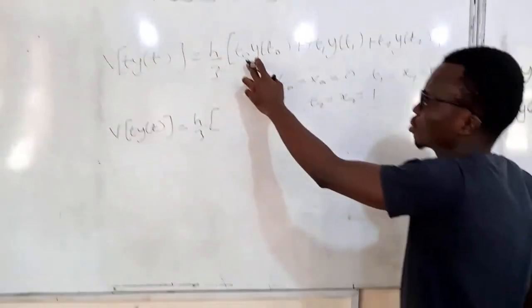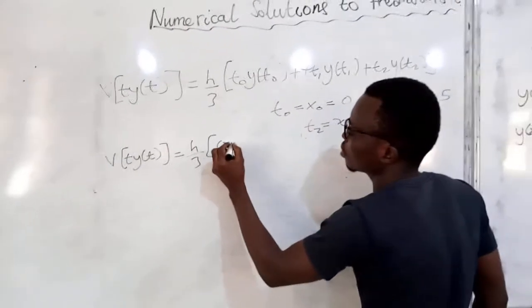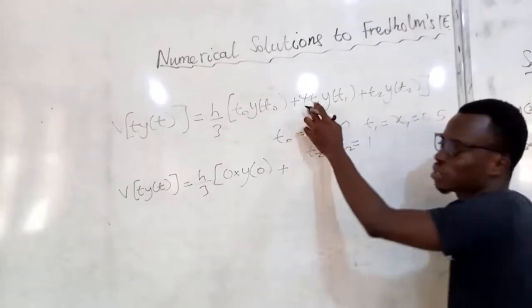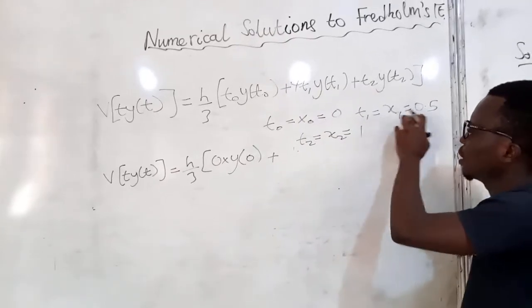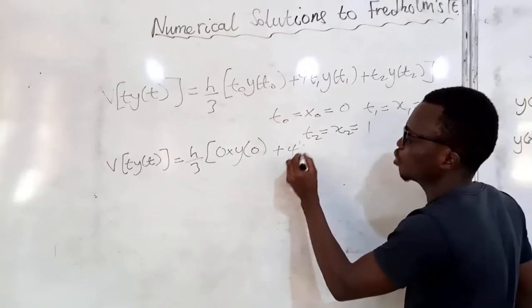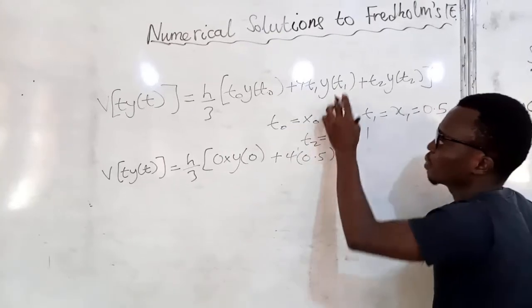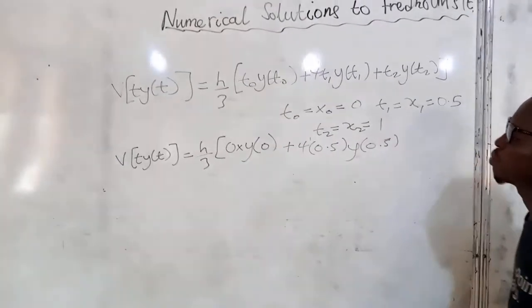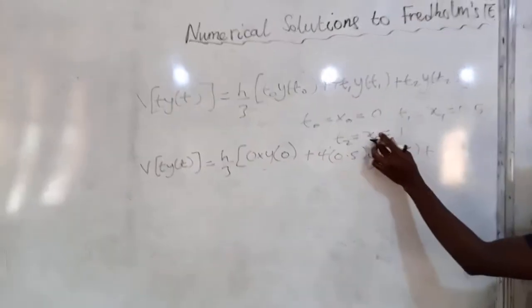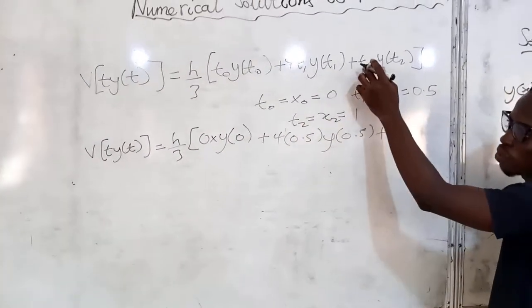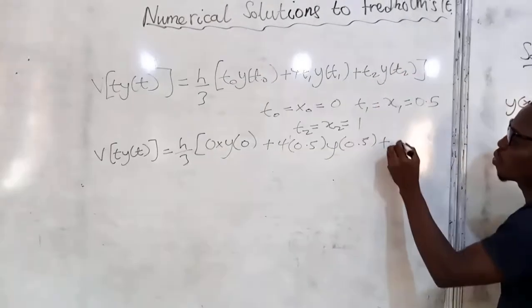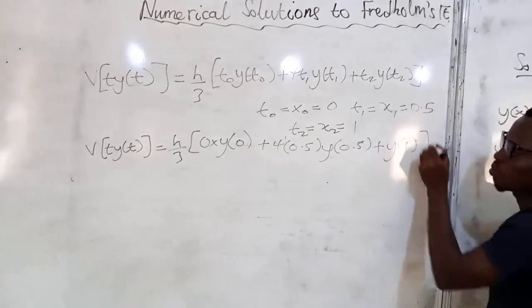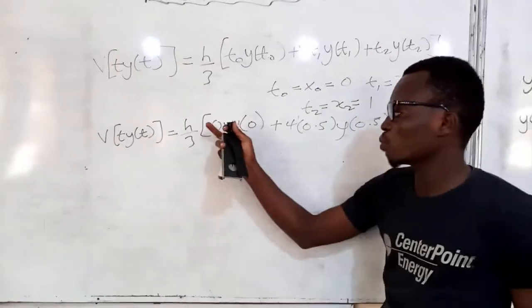Then t naught is 0, so 0 times y of 0, plus 4 into bracket 0.5, then y of 0.5, plus t2 is 1, so plus 1 times y1.